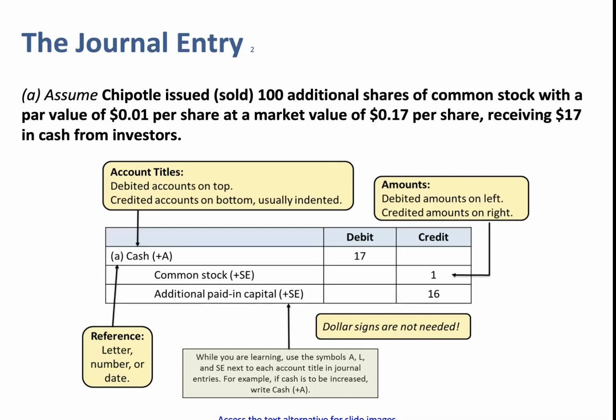The next thing we are going to do as accountants is record the events using something called journal entries. Each journal entry records the effect of a transaction on the accounting system.